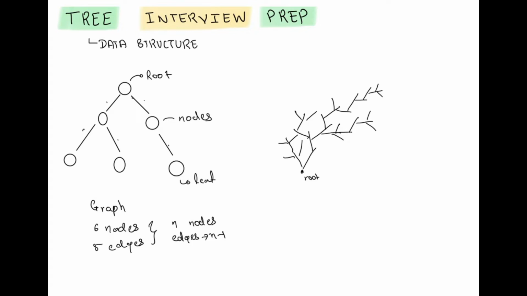Now the tree that I have drawn is not just any ordinary tree, but a very special tree, and there is a term for that tree as well. We call this tree a binary tree. To understand the difference between an ordinary tree and a binary tree, we need to have some counter example. So let's say we have a tree like this.